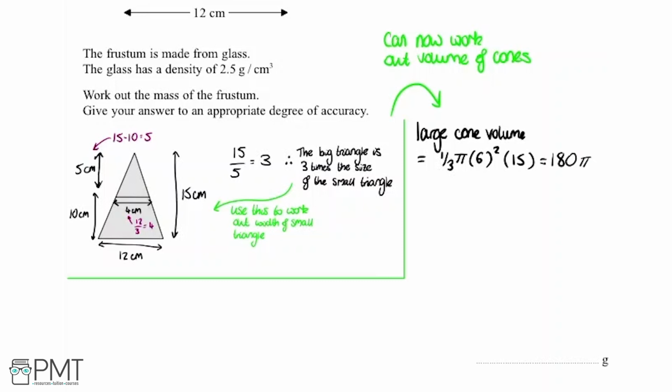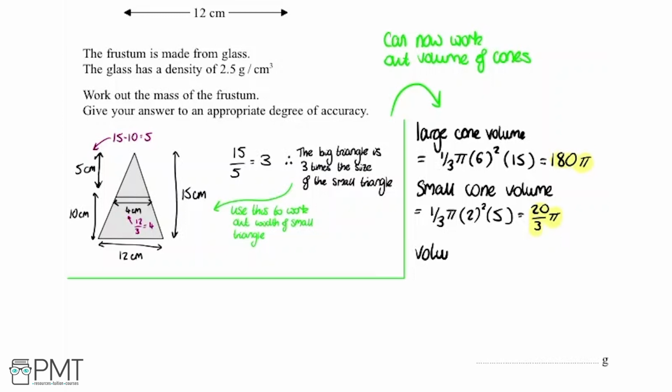I'm going to leave the pi here for the minute just to make it easier. Next, we do the same thing for the small cone: a third multiplied by pi, multiplied by the radius, half the diameter, so 2 squared, multiplied by the height of the small cone, which is 5. Using the calculator, that's 20 over 3 pi.